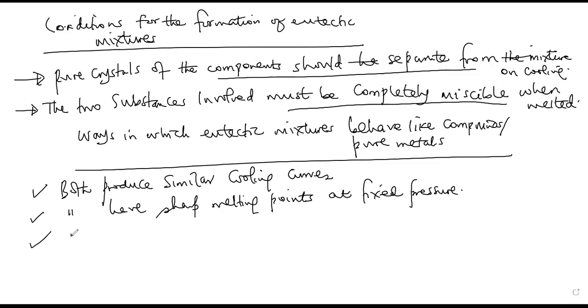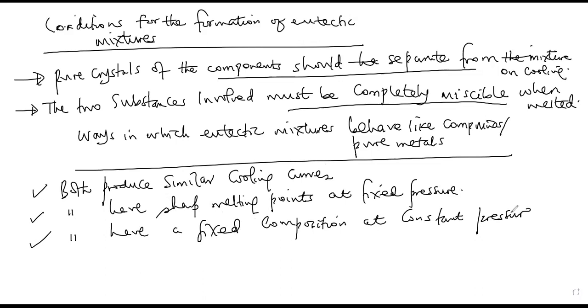Another one, they have a fixed composition at constant pressure. Similar cooling curves, sharp melting points, fixed compositions. These are ways in which eutectic mixtures behave as pure metals.